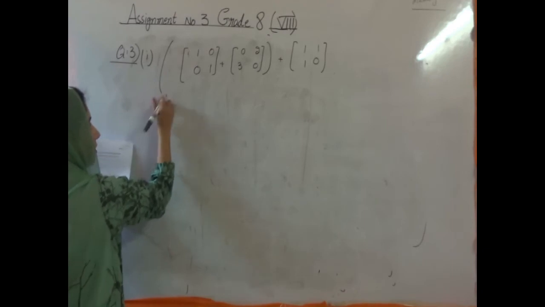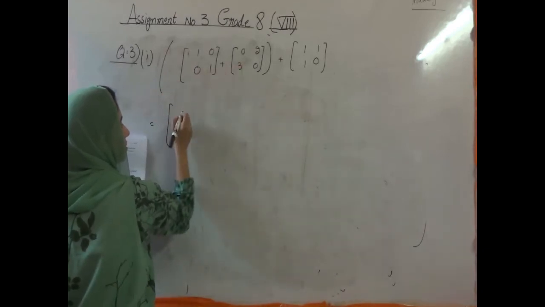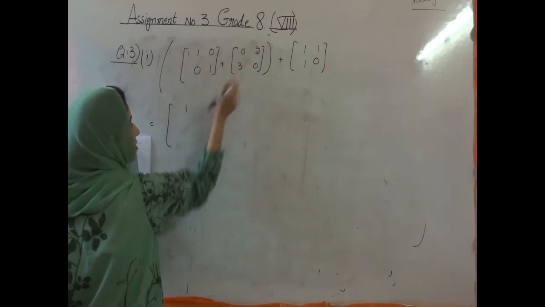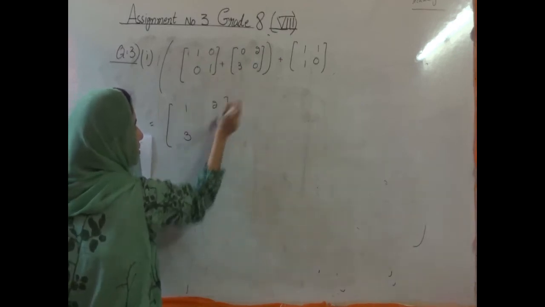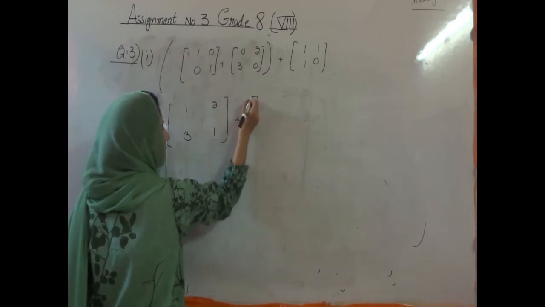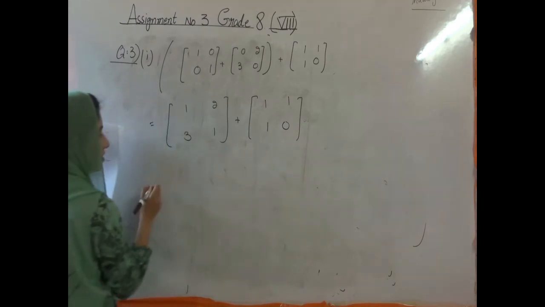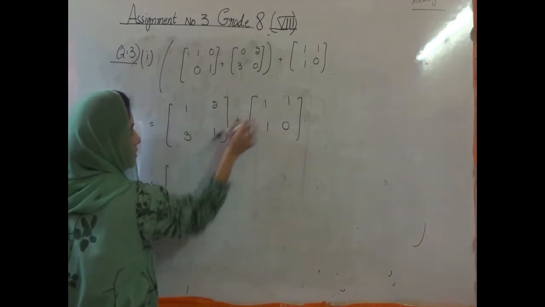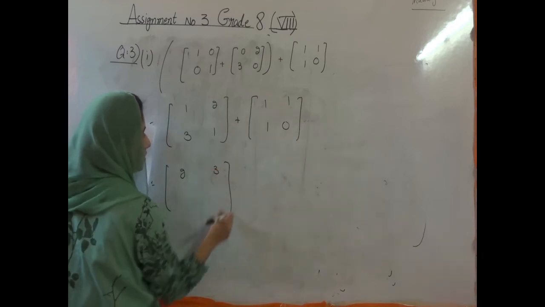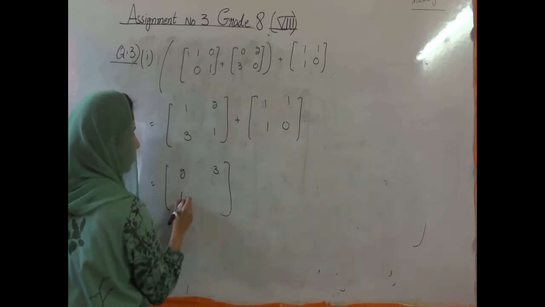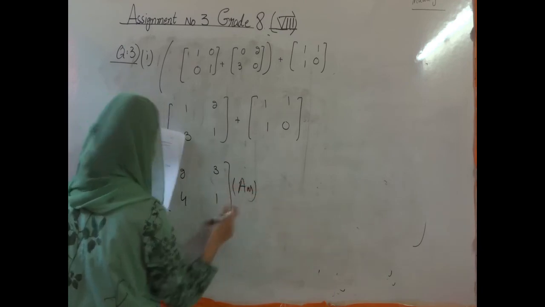So first we will solve the bracket. 1 plus 0, 1, 0 plus 2, 2, 0 plus 3, 3, 1 plus 0, 1, then 1, 1, 1, 0. Then add these two matrices. 1 plus 1, 2, 2 plus 1, 3, 3 plus 1, 4, 1 plus 0, 1. This is the answer.